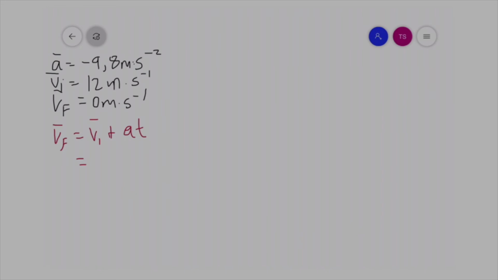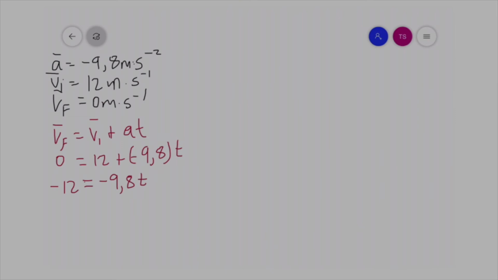Remember, we are looking for what? We are looking for time. Now our V final is 0. Our V initial is 12 plus our acceleration, which is minus 9.8. We are looking for time. Now if I take my 12 across, it is going to be negative 12 equals negative 9.8 t.